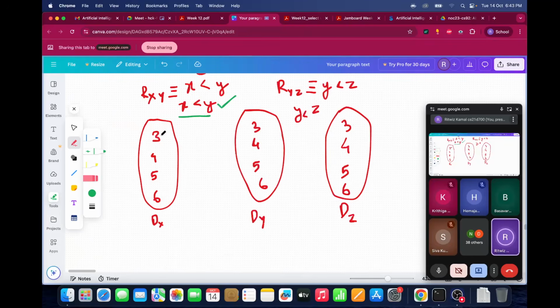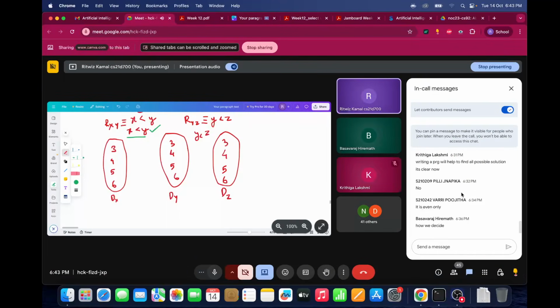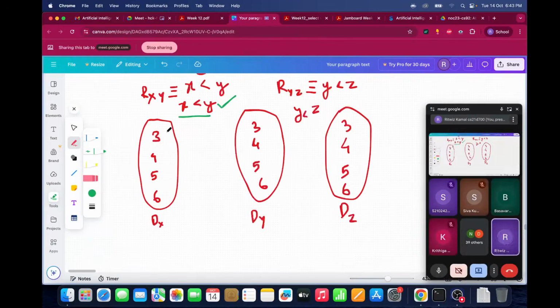So 3 should be connected to which numbers in the domain of y? 4, 5, 6. Correct, because x has to be less than y. So let's draw an arc from 3 to 4, 3 to 5 and 3 to 6.